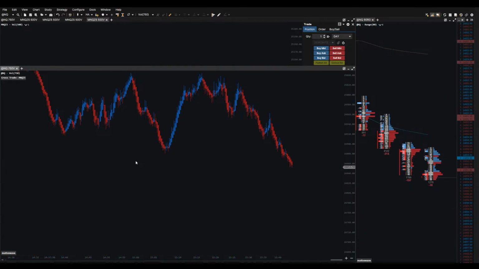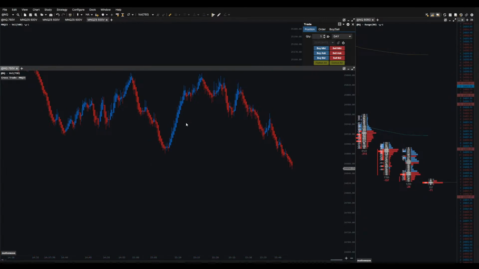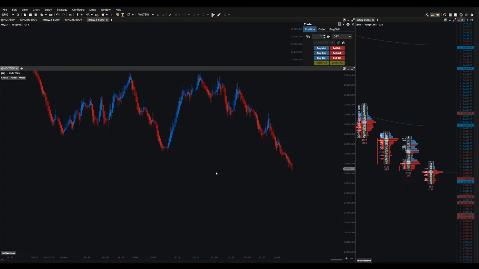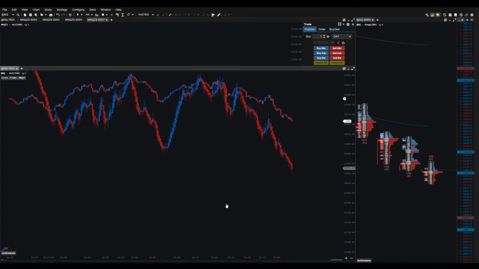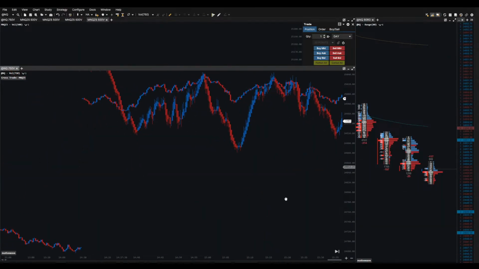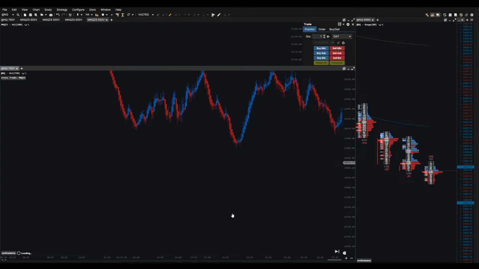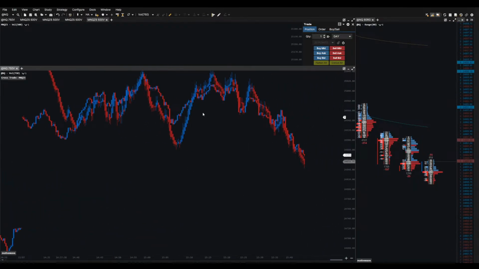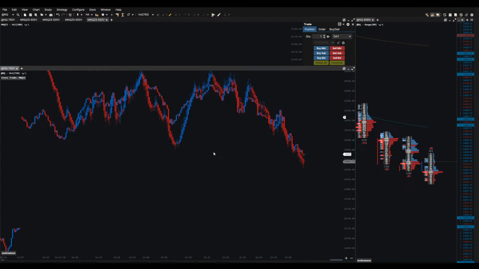Remove volume, add cumulative delta, candlesticks, price graph. Full, and remove extended session. RTH only, auto scale. Do not show bars.